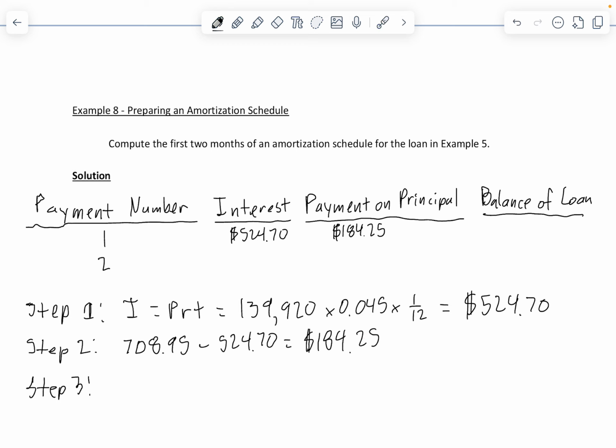So $139,920 minus $184.25. So the balance of the loan ends up being $139,735.75. Okay, and that's what goes right here.